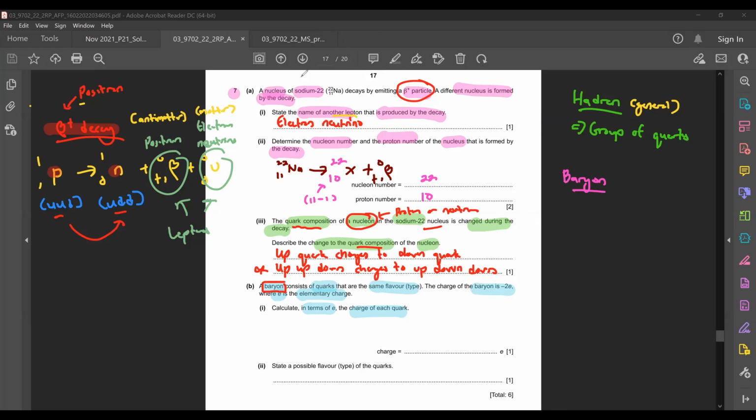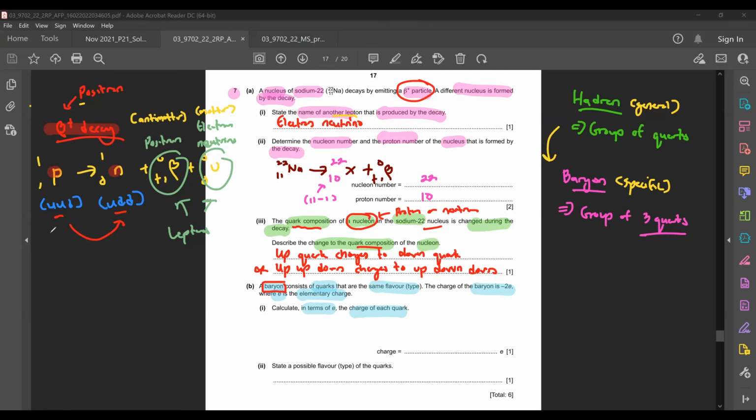It's also considered a group of quarks, but it's a more specific hadron, where we tell you that it is a group of 3 quarks. Baryon is considered as a group of 3 quarks.